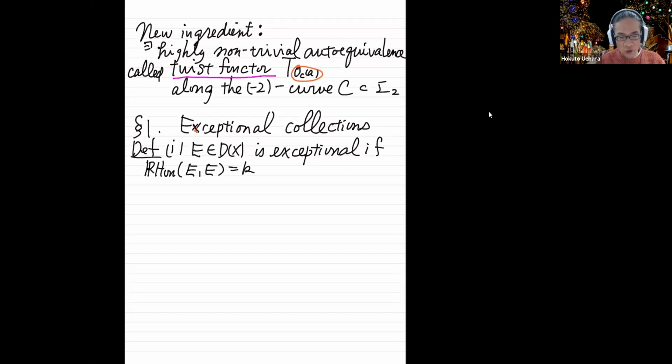So I mean no higher Ext and just a one-dimensional Hom. In this case E is called an exceptional object.